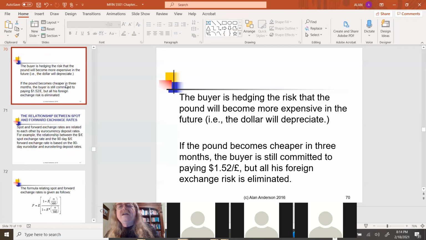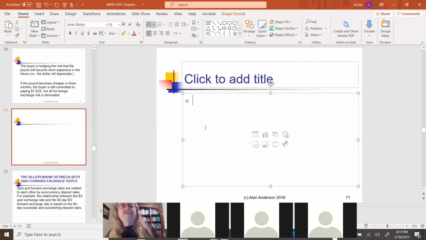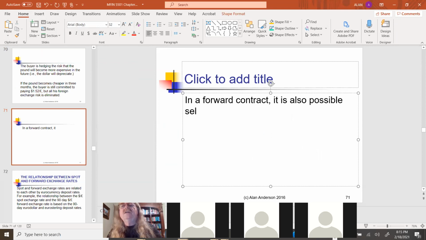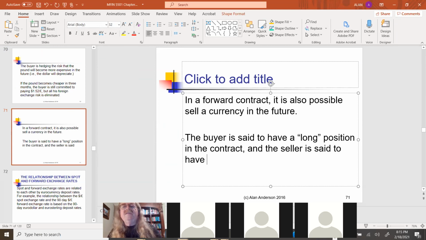Now, you can actually agree, let me just mention this, in a forward contract, it is also possible to sell a currency in the future. So the buyer is said to have a long position in the contract, and the seller is said to have a short position in the contract.